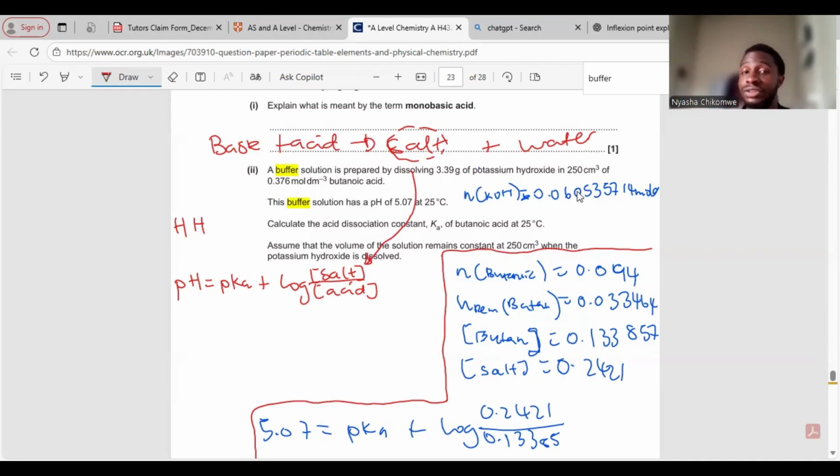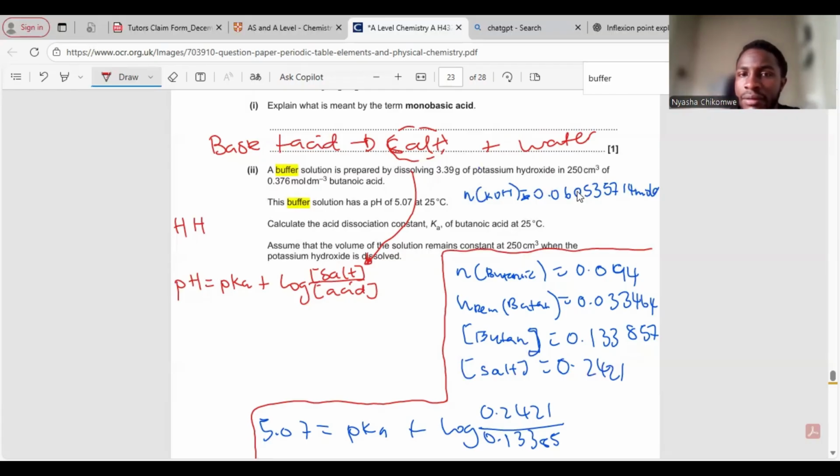So we need to carry out the calculations to calculate the concentration of that salt.